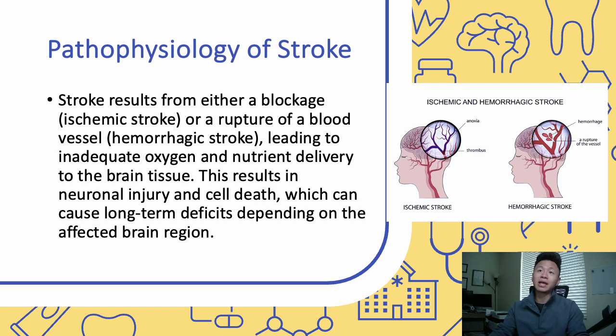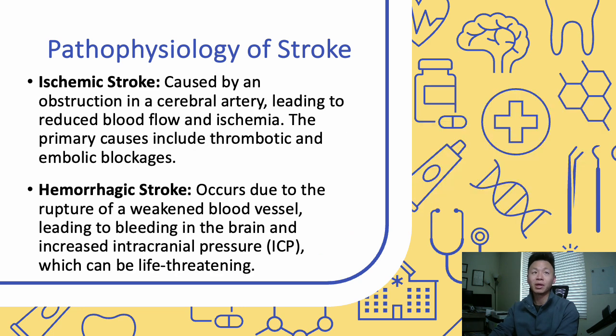In the case of a hemorrhagic stroke, there is an aneurysm or a burst in a blood vessel that causes lack of blood flow or lack of supply in a section of your brain, causing, again, cellular damage or death as well. So this shows as a lack of oxygenation to that area.